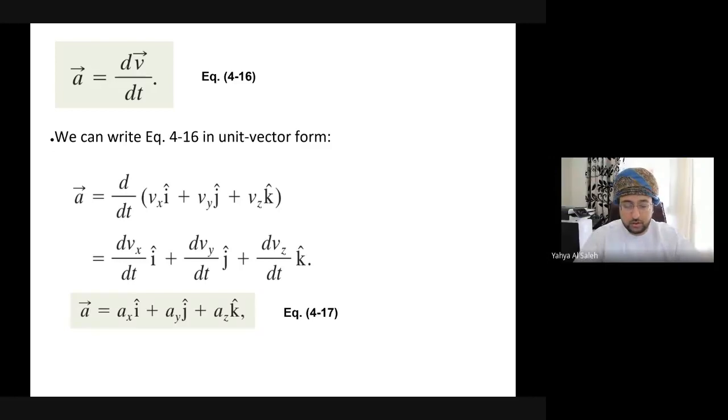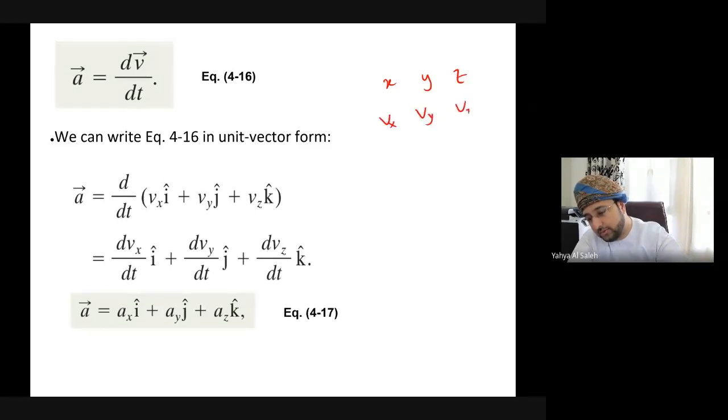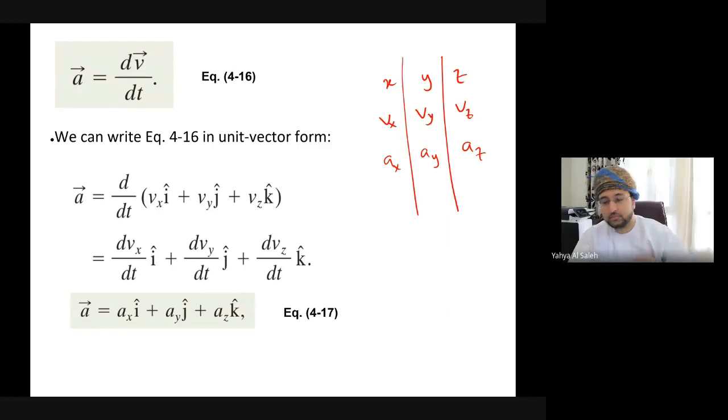So we will have X, Y, Z, Vx, Vy, Vz, Ax, Ay, Az. We have done this in chapter 3. These are new.